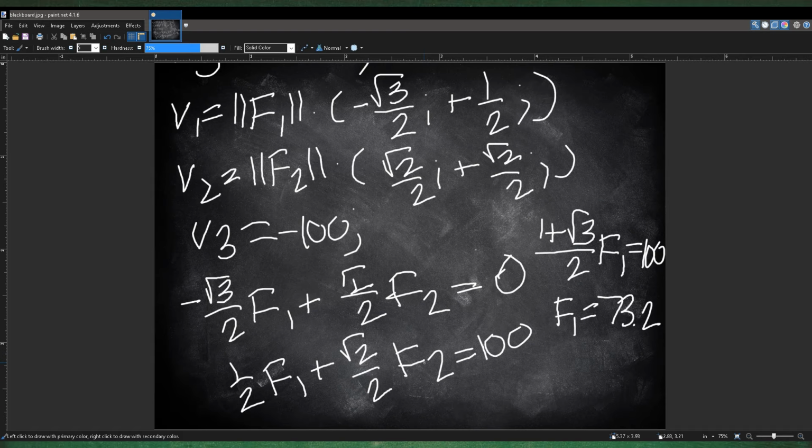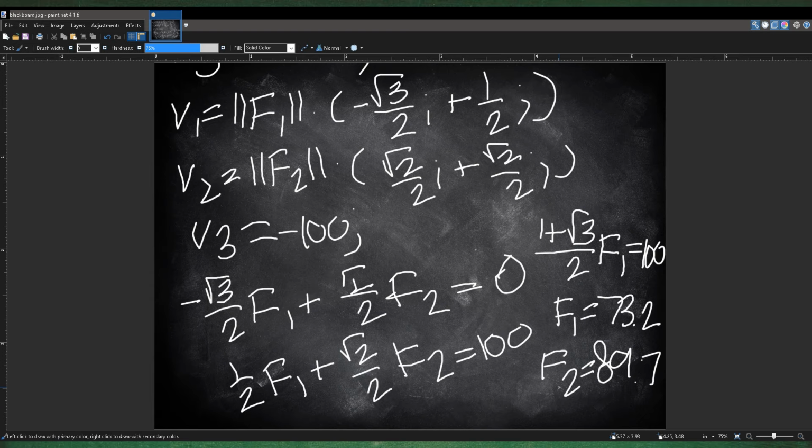So 73.2 times negative square root 3 divided by 2, then move that to the other side, and divide by square root 2 over 2. And you get 89.7-ish. So that's force 2.